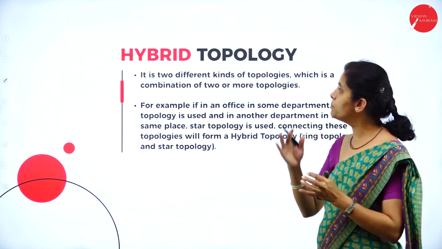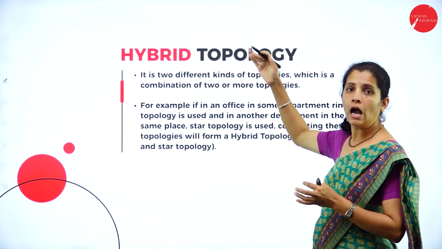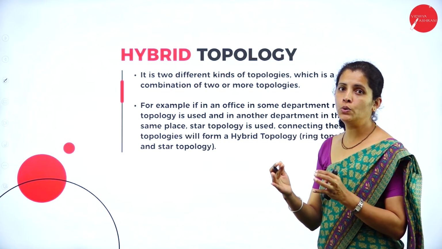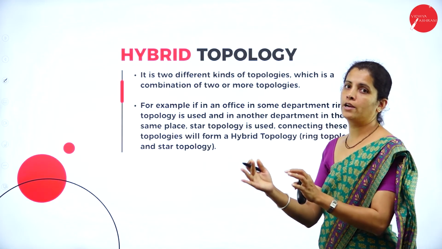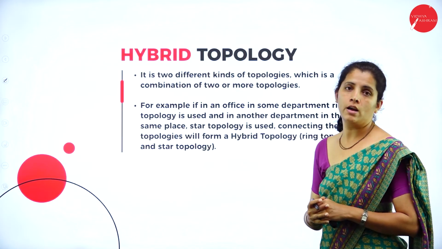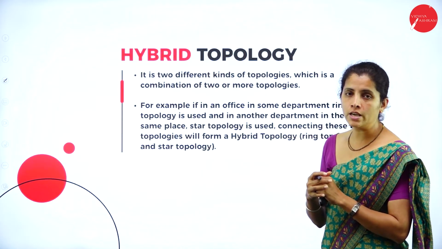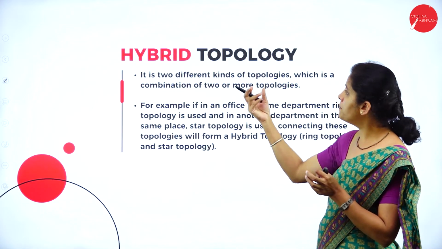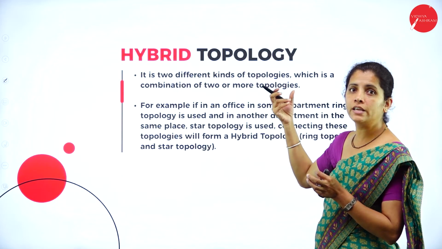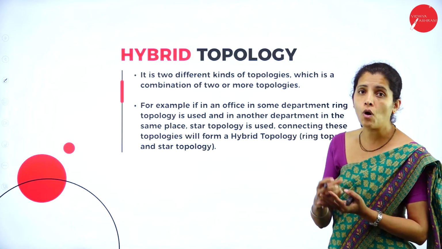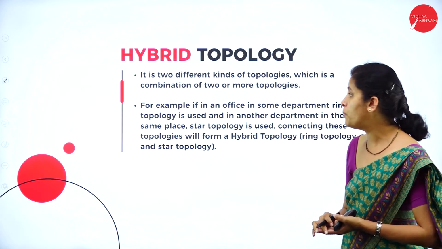In the sense, to make hybrid topology, either I'm going to use star topology and ring topology together, or I'm going to use mesh topology and tree topology together. As the name itself indicates, it is a combination of two different topologies.